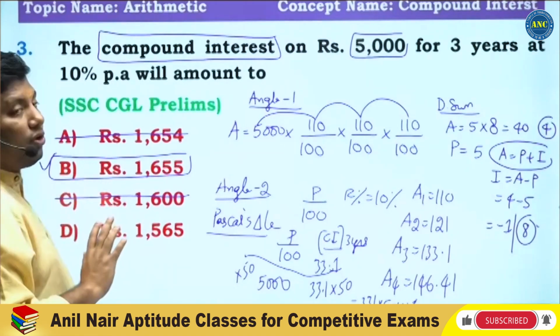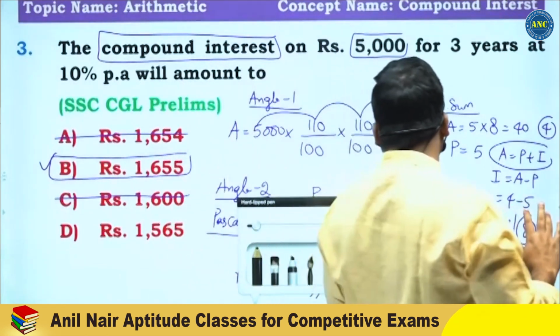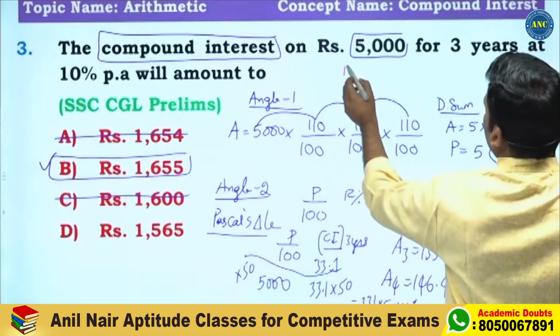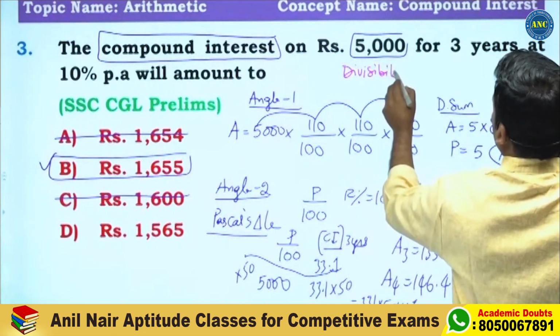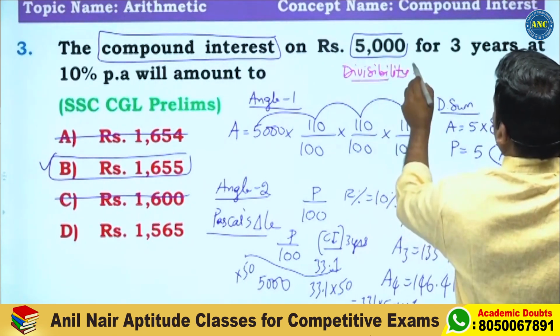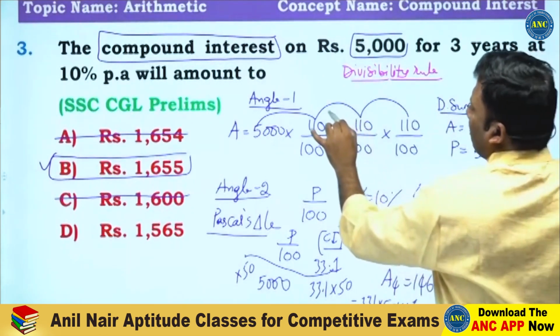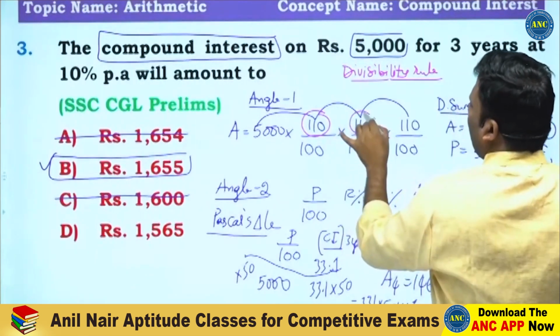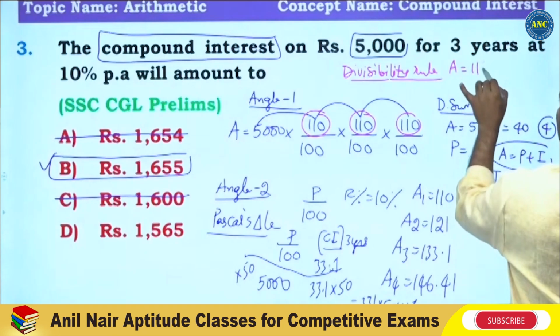Now, you can also use the divisibility rule concept just to check whether the answer option matches or not. How to use it? 110 is divisible by 11, so the amount is divisible by 11.